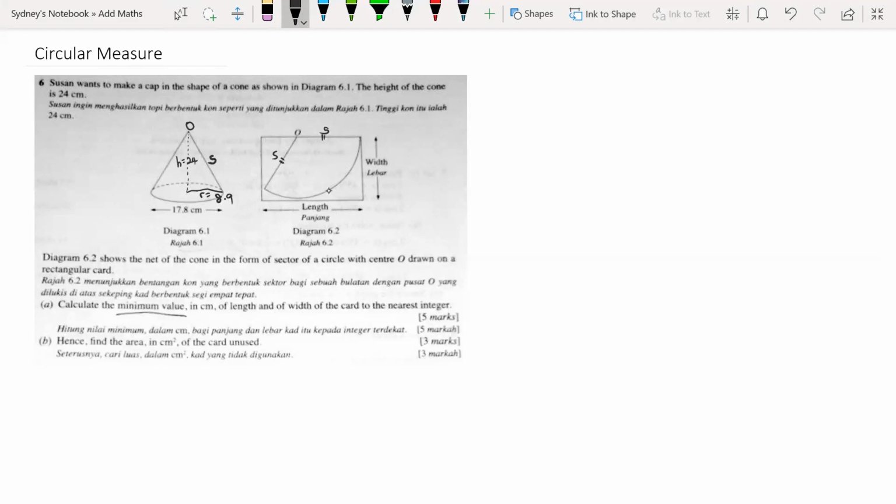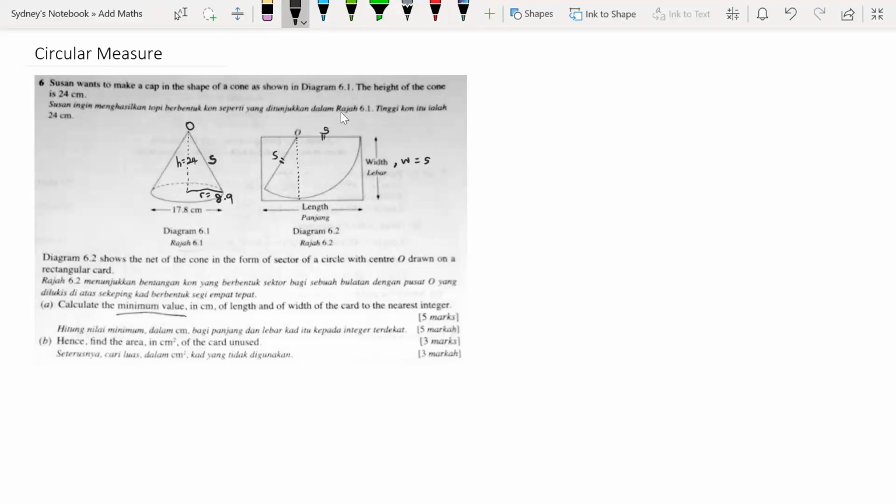Therefore, with this radius, if I were to maximize the usage, that means the width here will be just nice. It will take the size of the radius of this sector as well. So the width here, W, should be the same size as the S. So our objective first is to find the S.